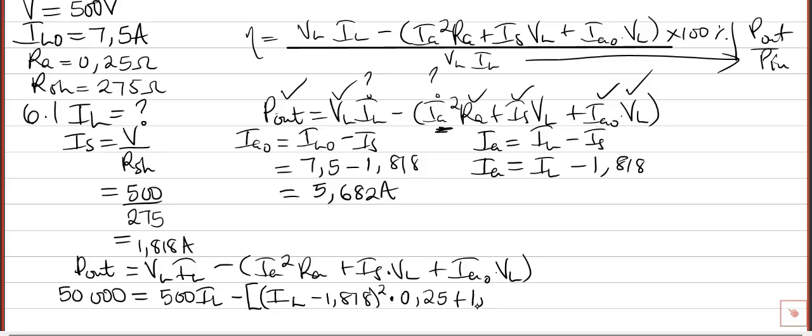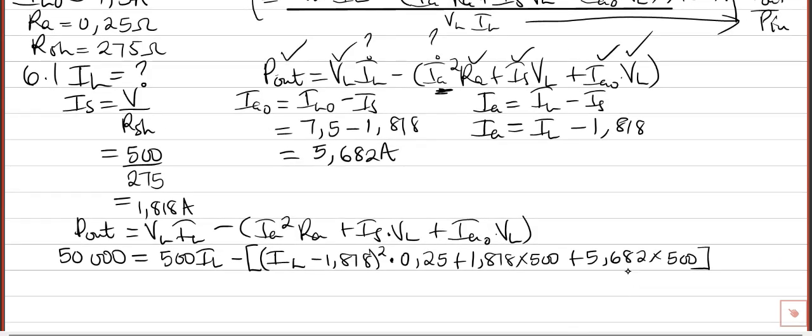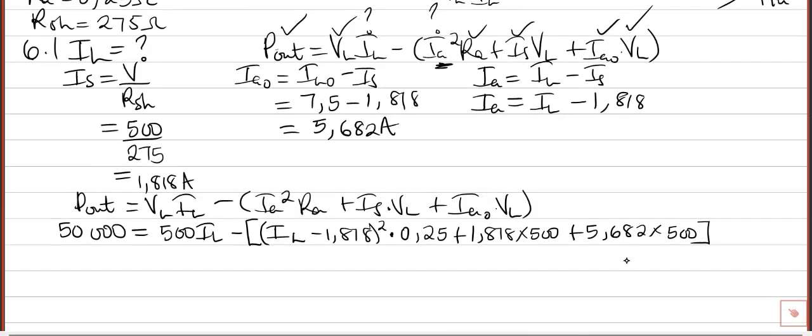For I shunt, we have 1,818 times our VL, where we have 500, plus our IAO, we have 5,682 times 500. That's this whole expression here.